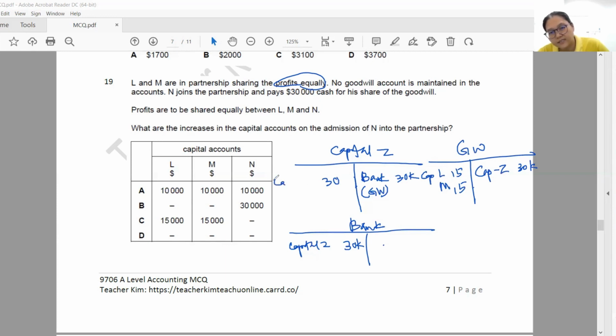So there is a goodwill written off, which he used 30,000 to pay off. And for the capital of L and N, it will increase by 15,000 and 15,000. But for Z, he paid and wrote off, so basically it is 0. So the answer will be C.